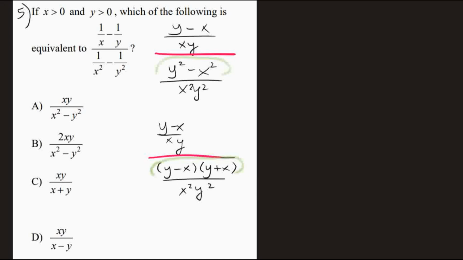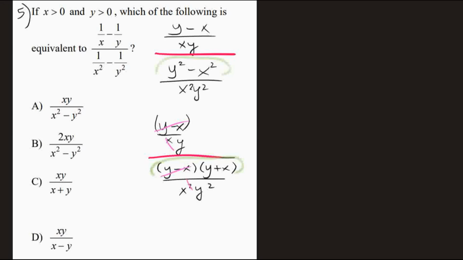Now what we can do is cancel out. So y minus x, and this is the same, and it's at the top of the fraction, so we can cancel this one out. And xy, 1x and square is gone.